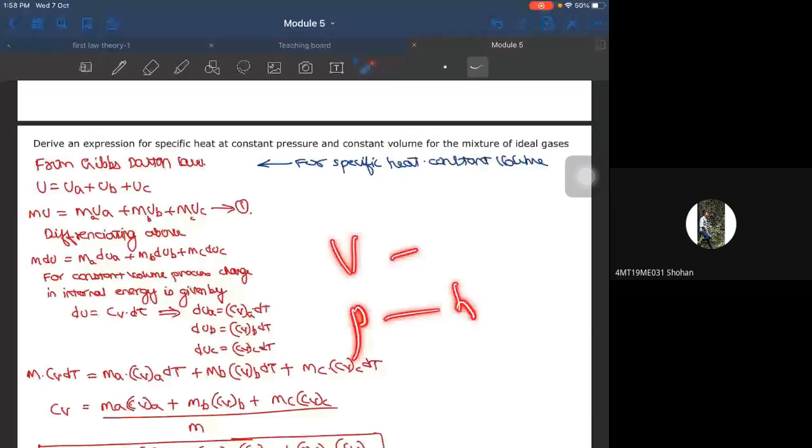Okay. What does the Gibbs-Dalton law say? What did the Gibbs say? After Dalton's law proposed that the pressure is equal to the summation of the partial pressures of the individual gas constituents, what did the Gibbs say?